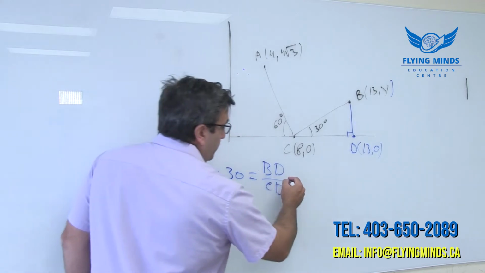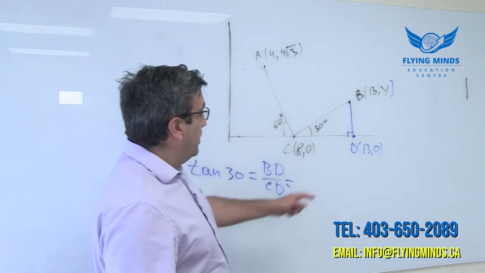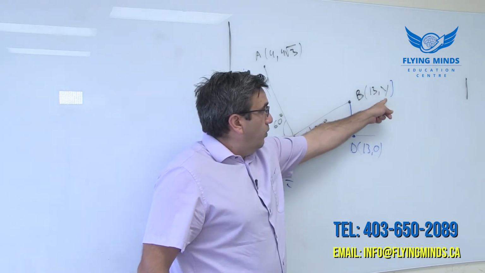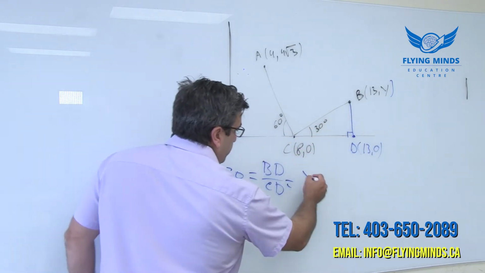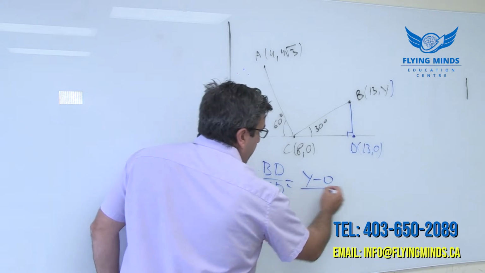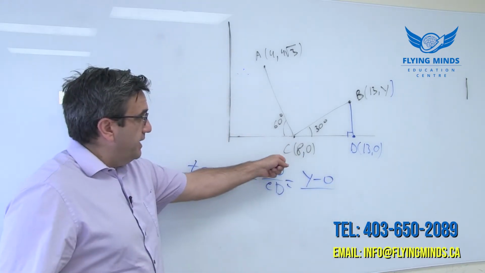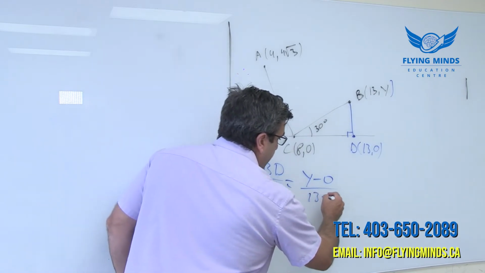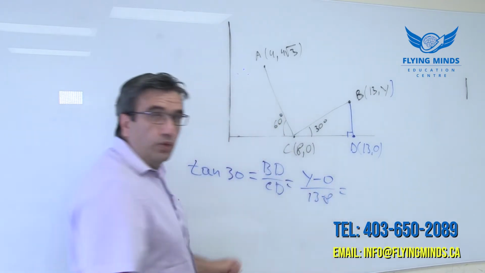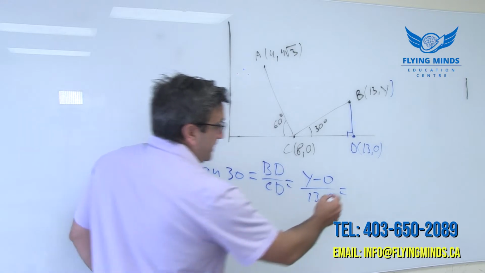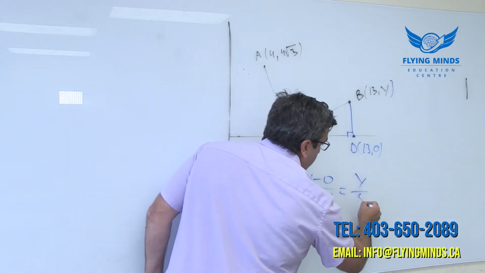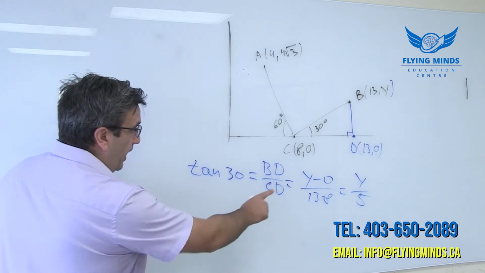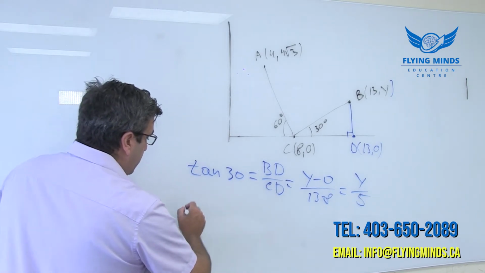The length of BD will be the difference in coordinates, y minus 0. And what is the length of CD? It will be 13 minus 8. So what we have is y over 5. Okay? So we have our ratio.